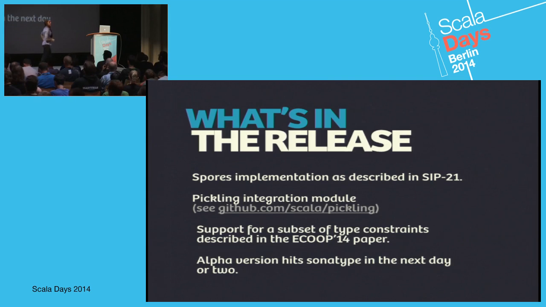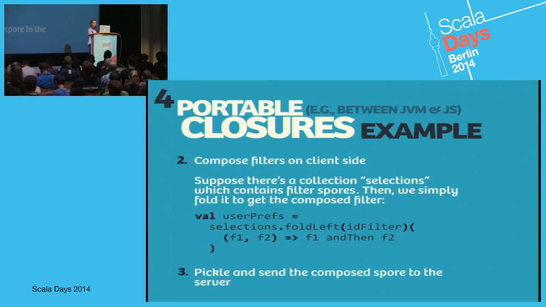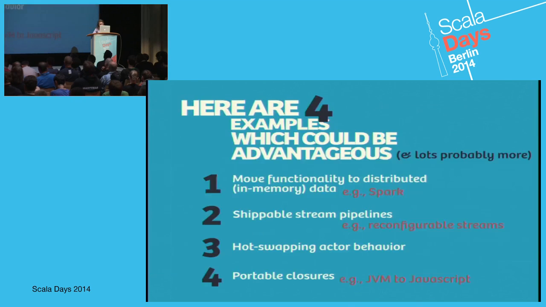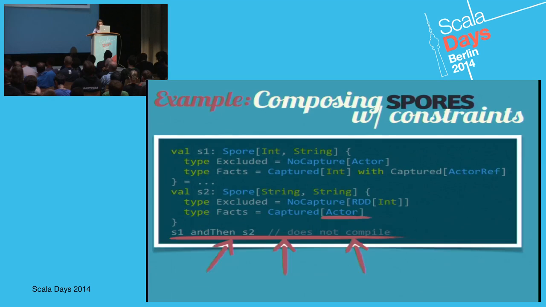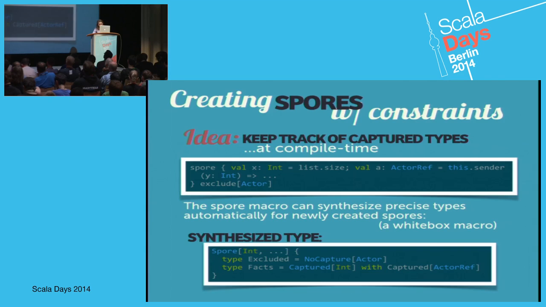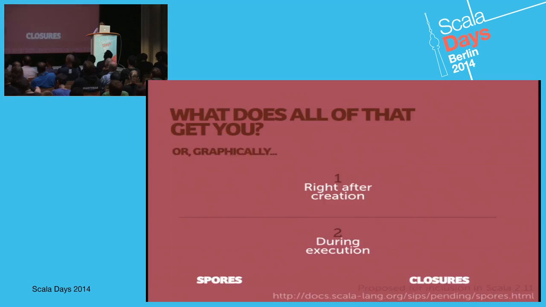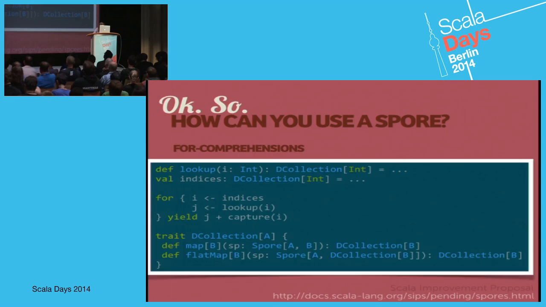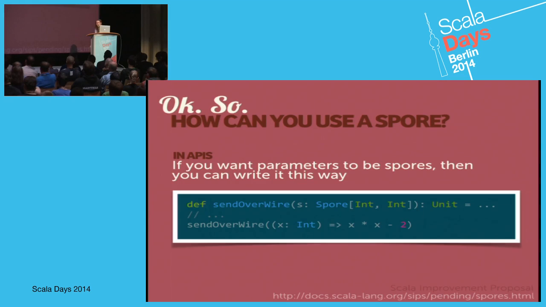Is there any way to constrain the code someone sends you? So if you create a function in the browser and send it. I showed the first thing here, a simple spore that says spore from this to that.